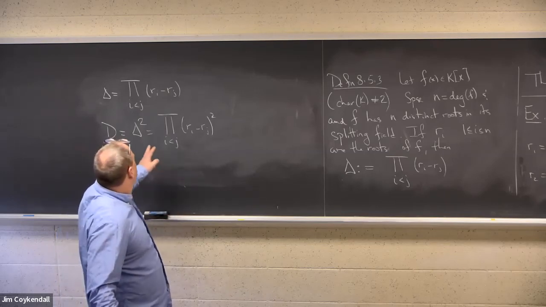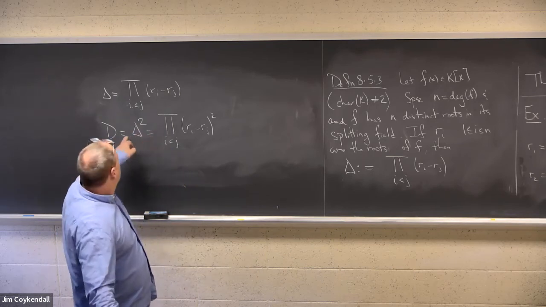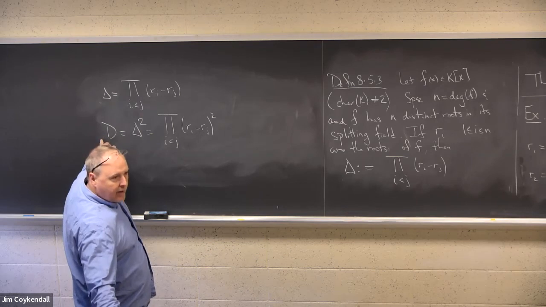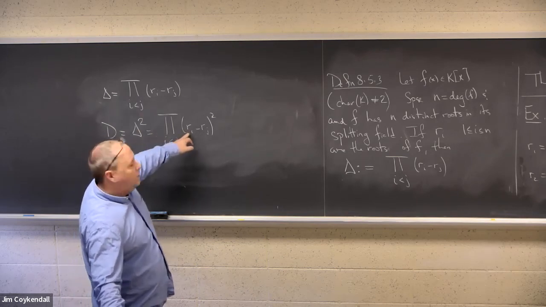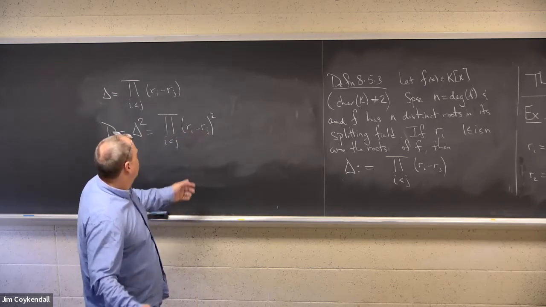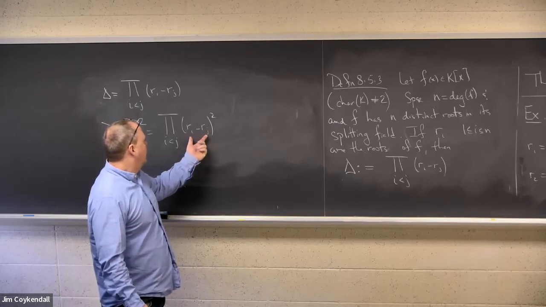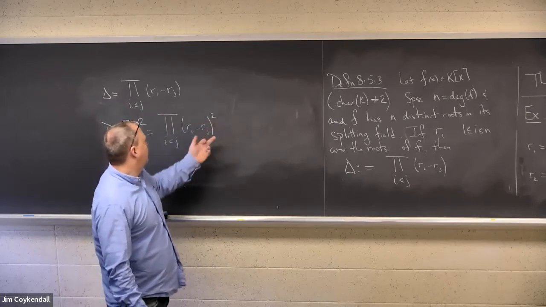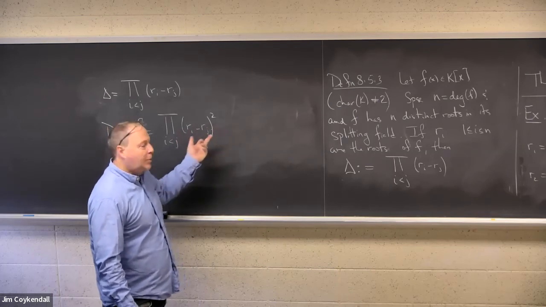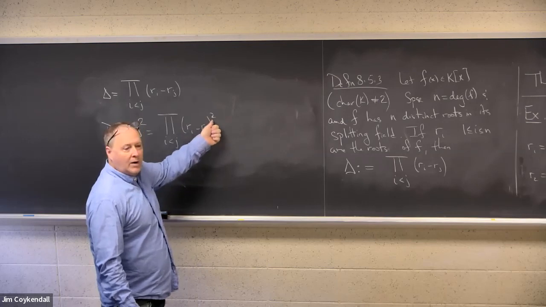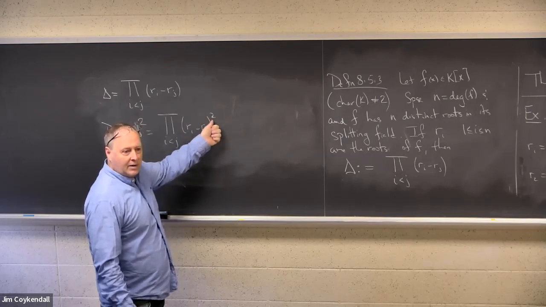Notice what happens when you apply any element of the Galois group, that is any automorphism, to D. What does it do? It permutes these roots, right? But these are all distinct roots. Yes, Ri may go somewhere else and Rj goes somewhere else, but basically you get the same product, except some of these might be turned around. But if you square it, it doesn't matter if you turn it around or not.